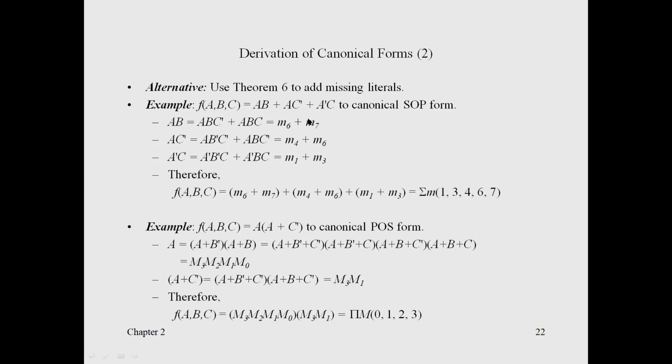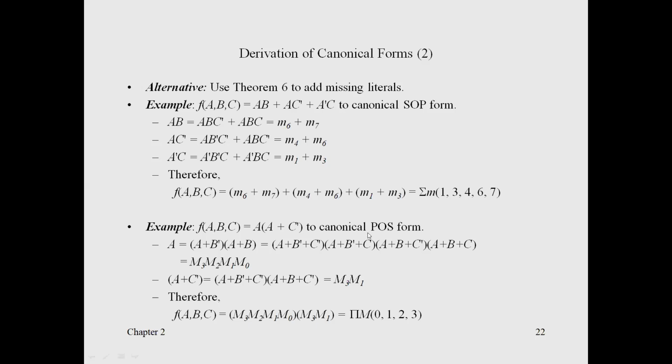So a standard SOP will be obtained if you multiply with C plus C bar, B plus B bar, to get all three variables in each term. If you do all these things, you will get summation of m of 1, 3, 4, 6, 7, which is the standard way of representing a SOP. It is also called the canonical form.